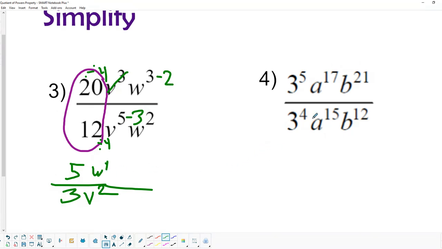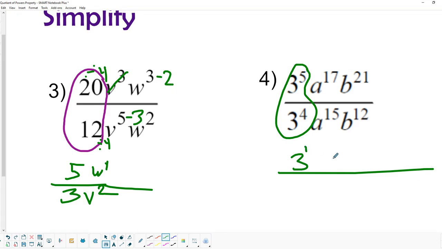Okay, next one. Look at this. These are written as exponents, but that's not a big deal. We'll just subtract the smaller exponent from the bigger one, so this bottom one from the top. 5 minus 4 is 1. So as I simplify this, this first part becomes 3 to the first power.